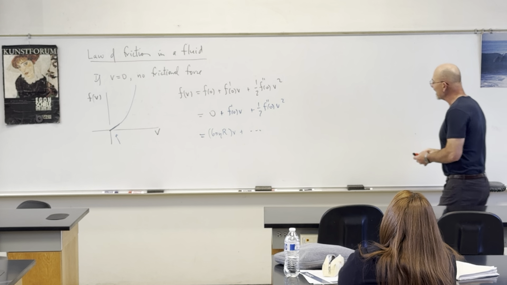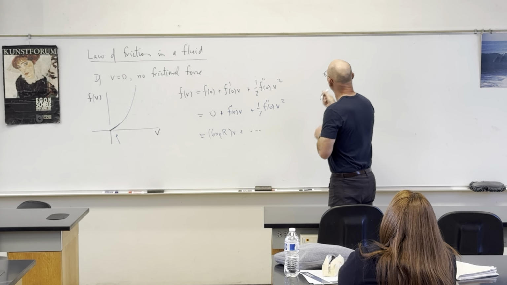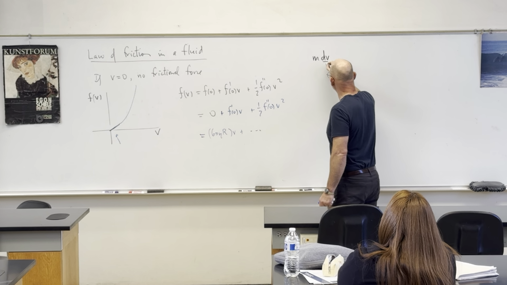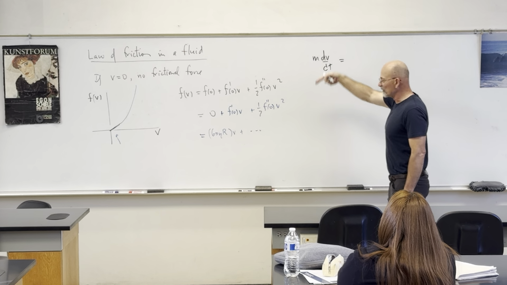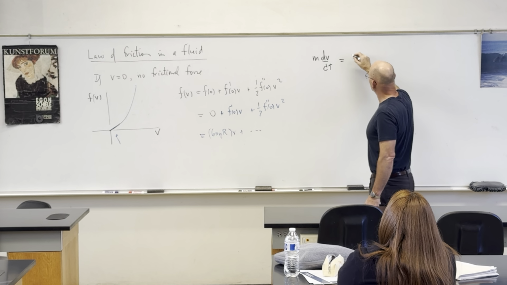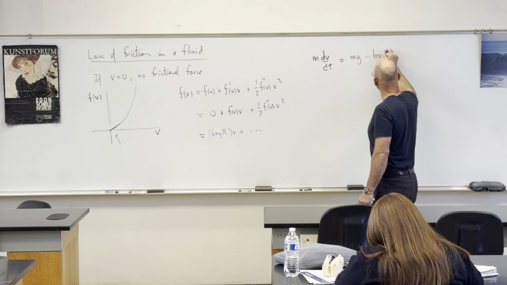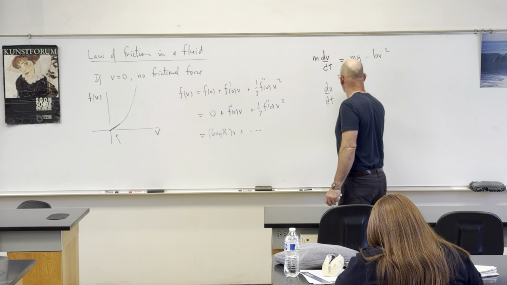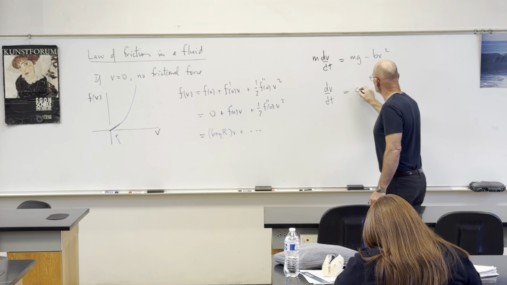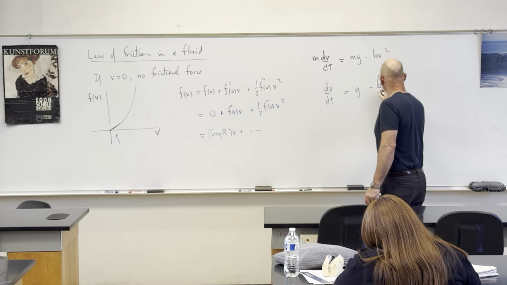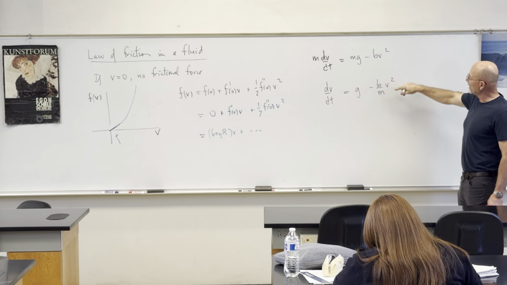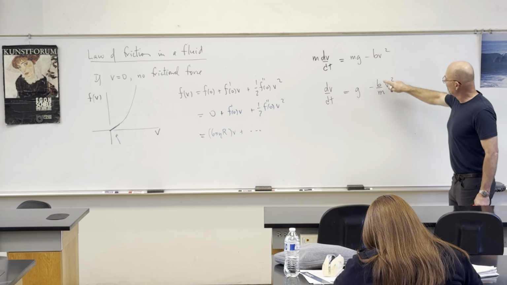So yeah, we can have m dv dt. We'll make the positive direction down again equals mg minus b v squared, which is equal to g minus b over m v squared. You see what's dynamically significant is going to be this ratio.